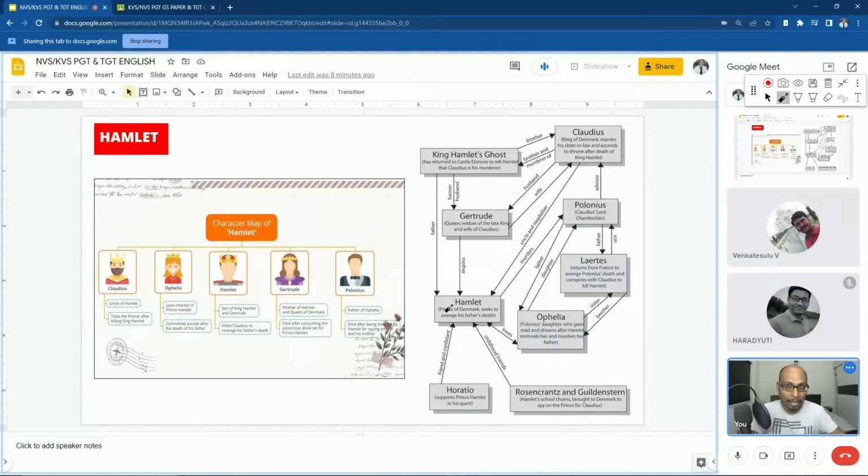When Hamlet learnt about the ghost's appearance, he wanted to talk to the ghost, suspecting that generally in those days in the Elizabethan period, ghosts are actually evil characters. So that means they don't believe in ghosts. But Hamlet tried to meet the ghost to understand why it wants to meet him. So when he met King Hamlet's ghost, he was told by his father's ghost that he was murdered by Claudius.